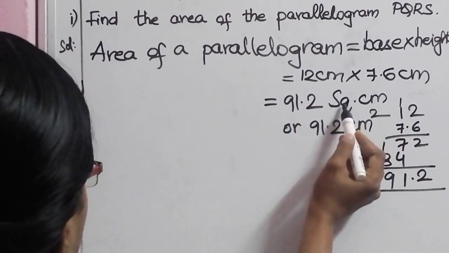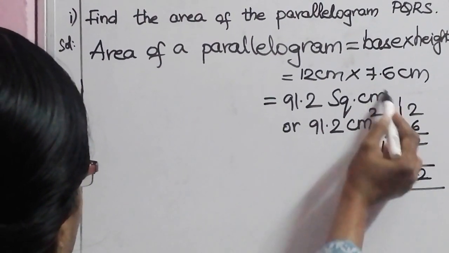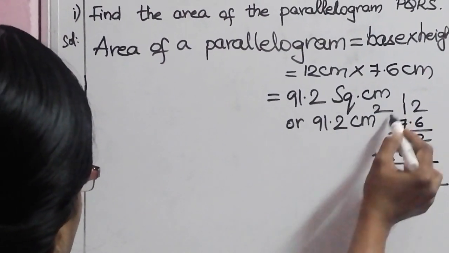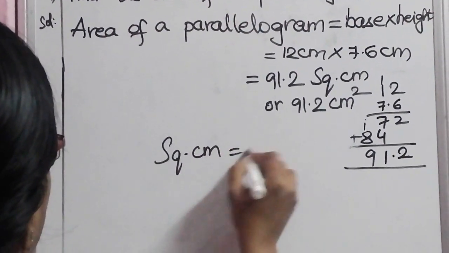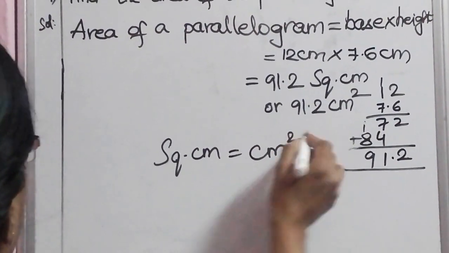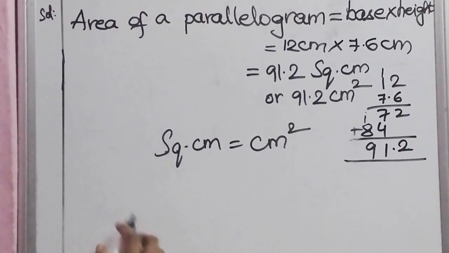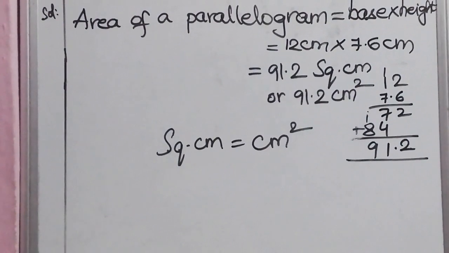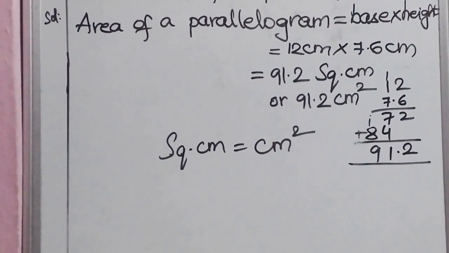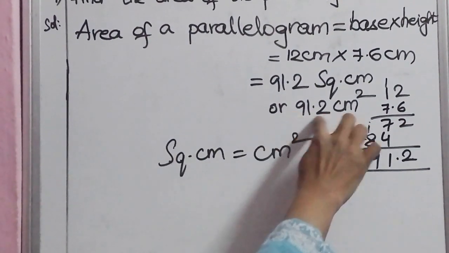Anything is correct, both are the same. This is for your understanding that I have written this. Did you understand this? Copy in your classwork books, children. Don't copy this one. Copy till here.